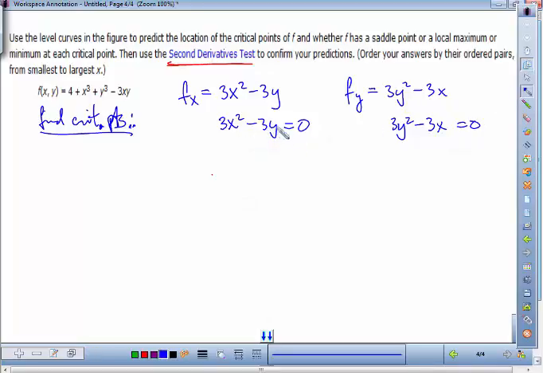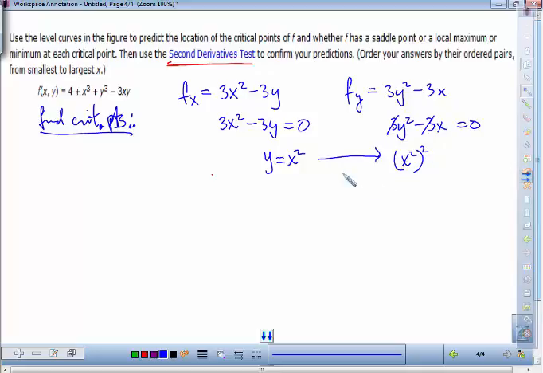So I can cancel the 3's out and then say y is equal to x squared. And then I'll put that into this. I can also cancel the 3 out and say y is equal to x squared. So this is going to be x squared squared, I'm going to put the y in there, minus x is equal to 0.